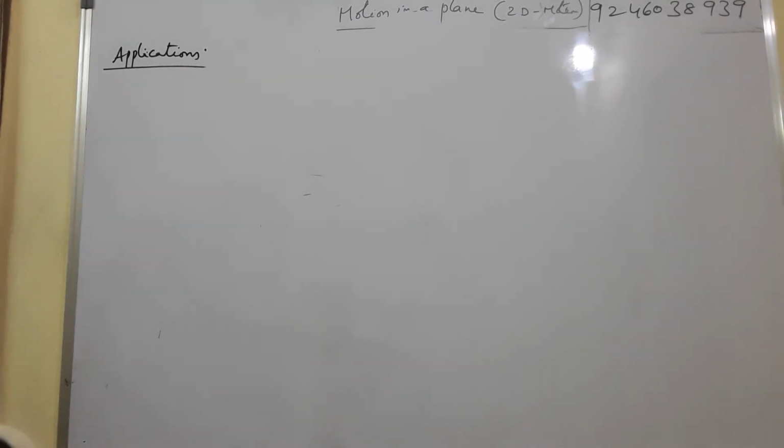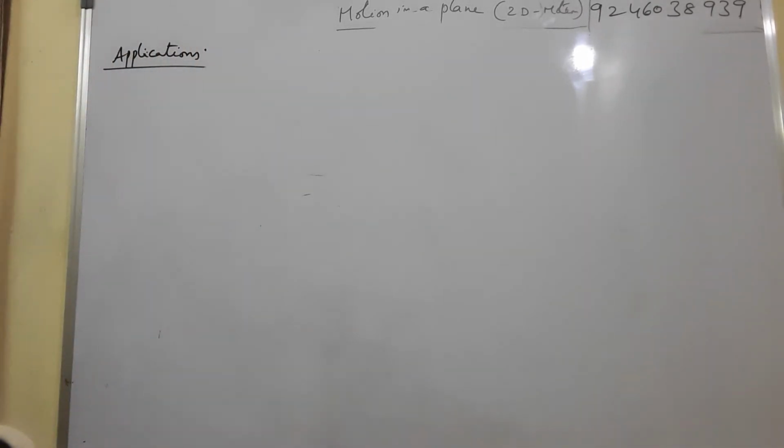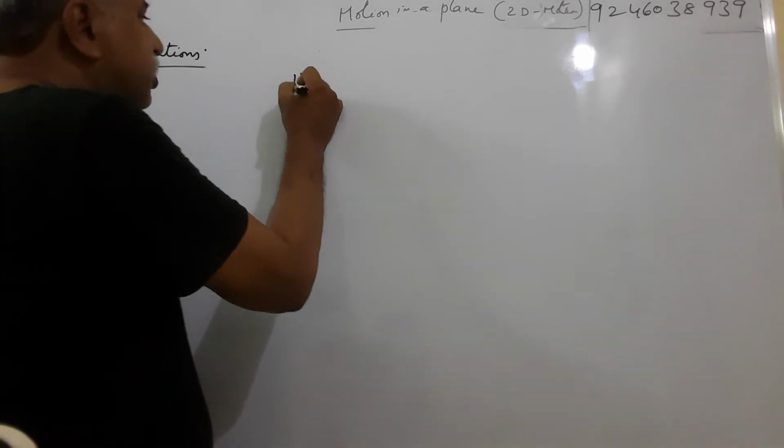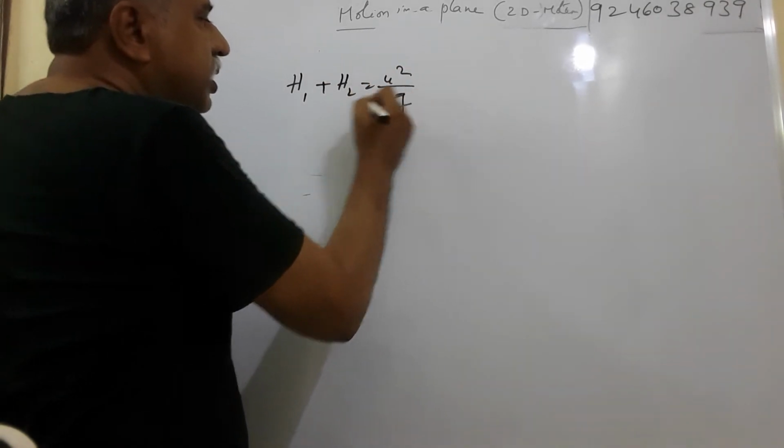Next. For a projectile, in case of complementary angles of projection, ranges are same. For that, if h1, h2 and R1 is equal to R2, in that case the angles are theta and 90 minus theta, which we already saw in the previous class. Also we derived h1 plus h2 is equal to u square by 2g.